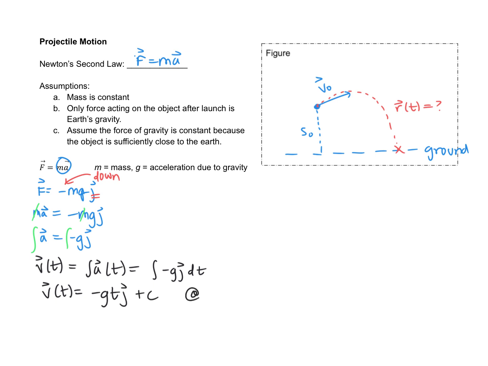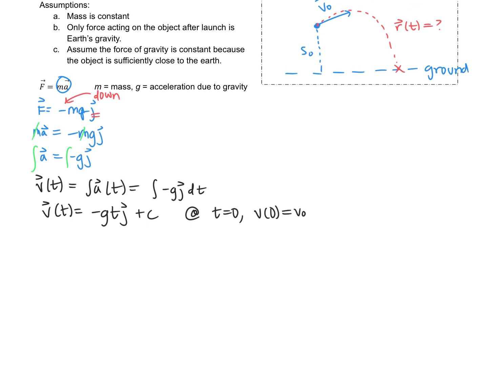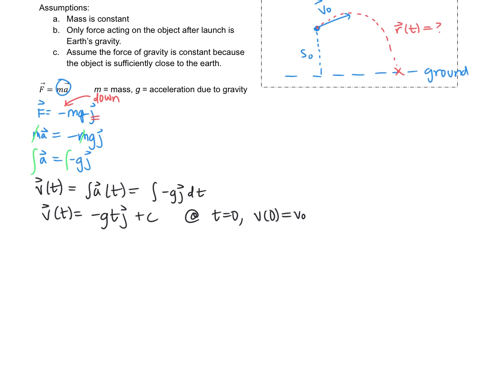Well, we know at time 0, our velocity is v of 0, like we have on the figure. So where that leads us to then is that v of t is equal to negative gtj add v naught.